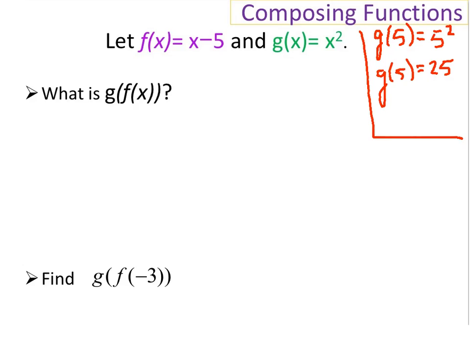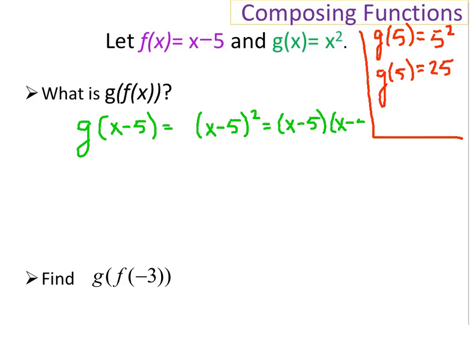Now we're going to be doing the exact same thing when we do g of f of x. Everywhere we see an x in g, we're going to put the function f of x, which is x minus 5. So f of x is x minus 5, so g of x minus 5, and I'm going to replace x with x minus 5, making sure to put my parentheses here. Now we all know that means x minus 5 times x minus 5, which is a perfect square trinomial.